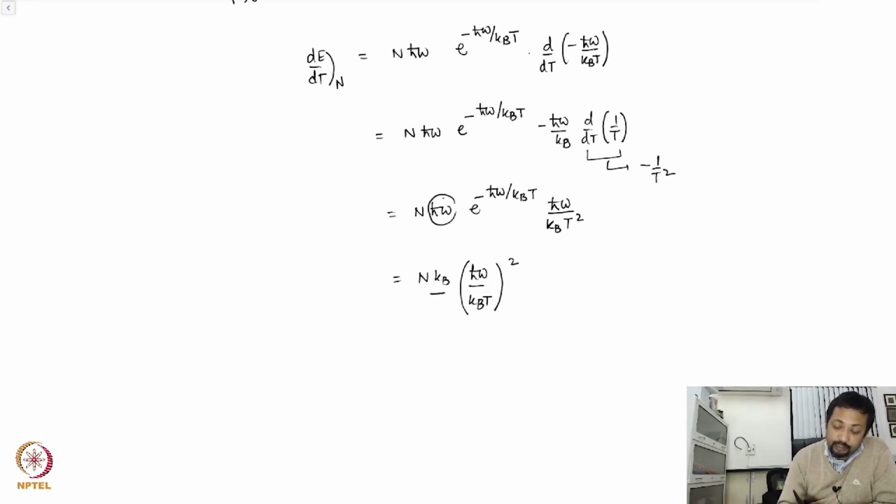So there is one factor of h bar omega, one factor of h bar omega, that gives me this, and I have multiplied by kB and divided by kB, and this gives me kBT squared, times e to the power minus h bar omega over kBT. So this is going to be your specific heat.